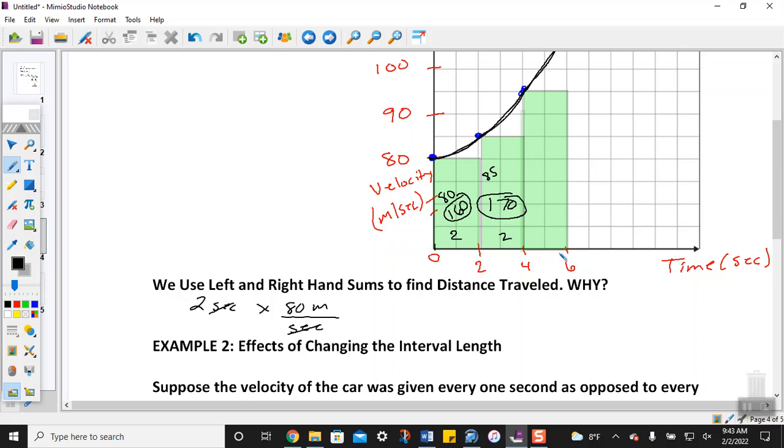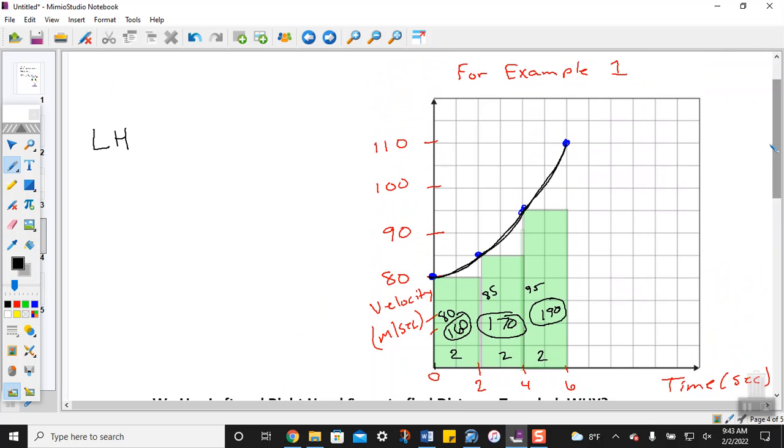And then what's your distance down here? And what's your height here? 95, right? So what's 2 times 95? So a good estimate for a right, or I'm sorry, a left-hand sum distance traveled would be 160 plus 170 plus how much?